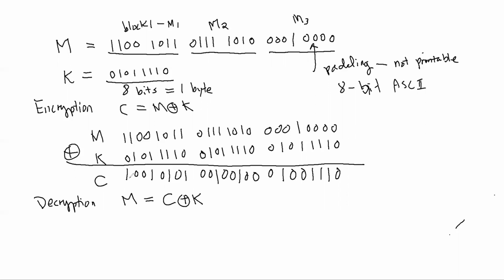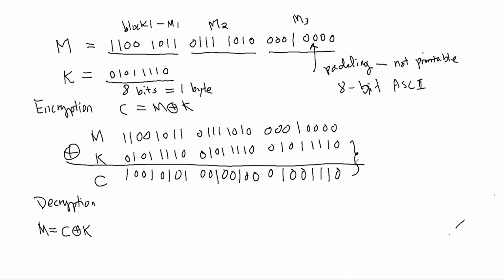So we can now see this. Let me put this one somewhere else so that I don't have to repeat this. So now this encryption will be C is equal to M plus K. So now let's just look at these two.